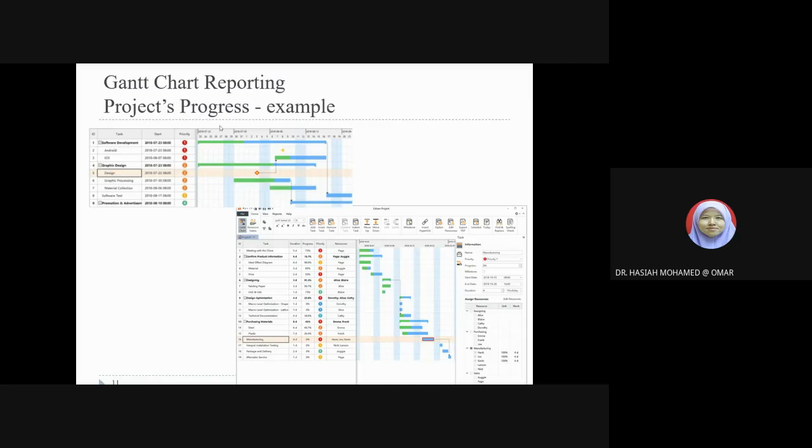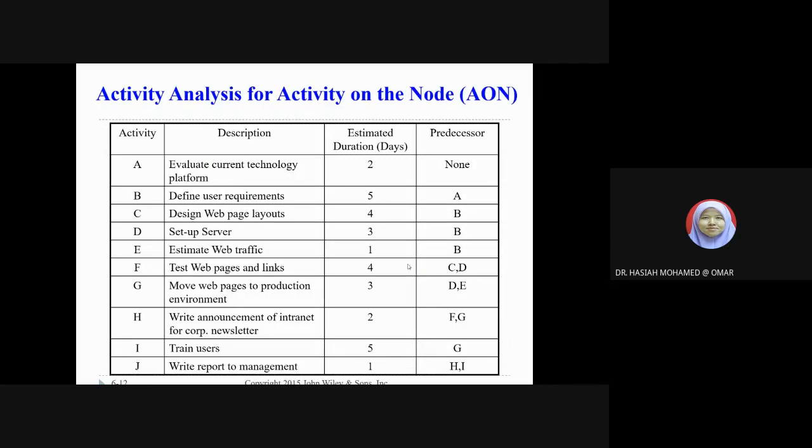Okay, so this is another example. Okay, so on top of creating the Gantt chart to see the overall planning of the project, we can also have the activity analysis using the activity on the node, which is AON.